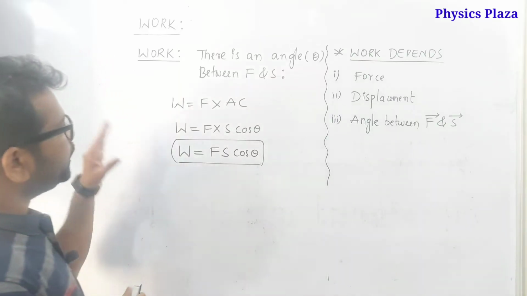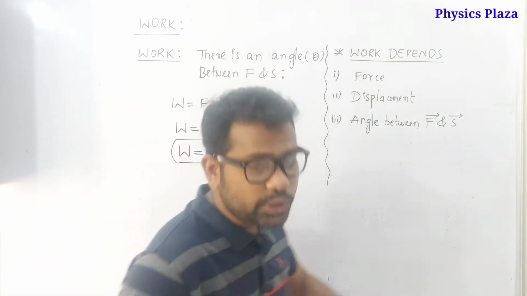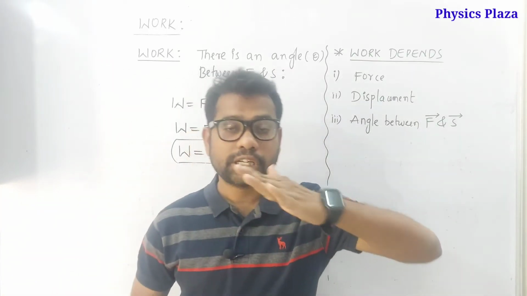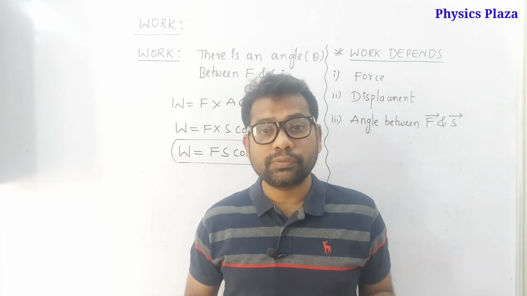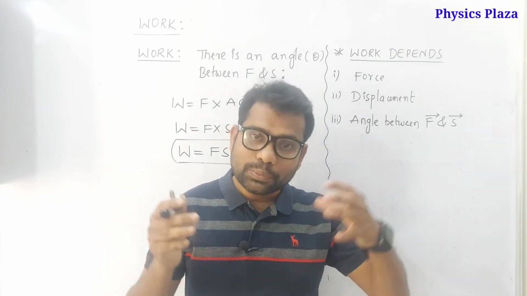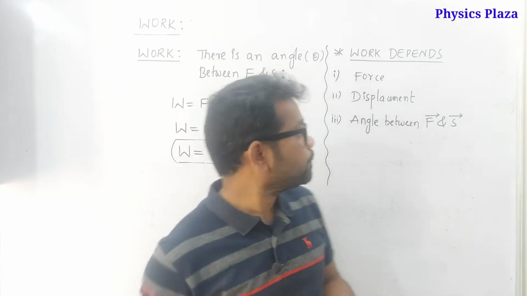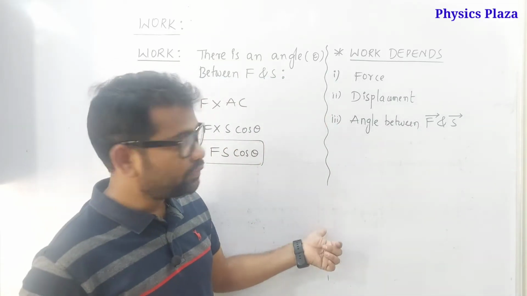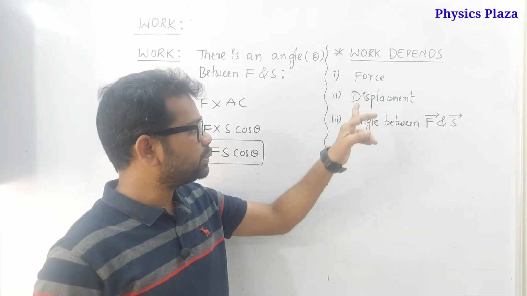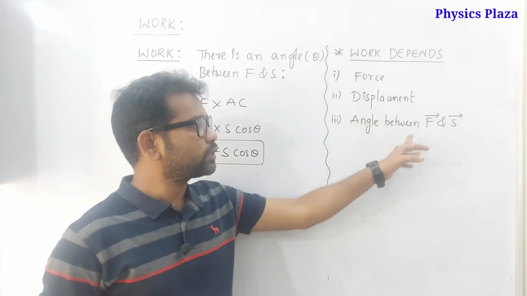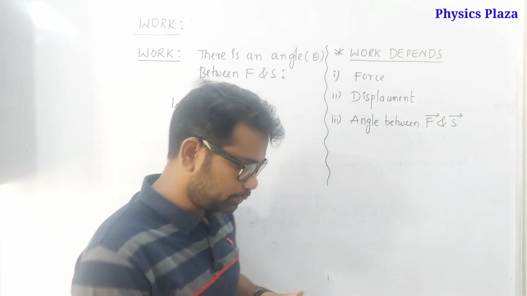So children, this is work and the work expression when a body is displaced in the direction of applied force, and also the work expression when a body is not displaced in the direction of applied force. Work depends on mainly three factors: force, displacement and the angle between force and displacement. Is that clear? Fine.